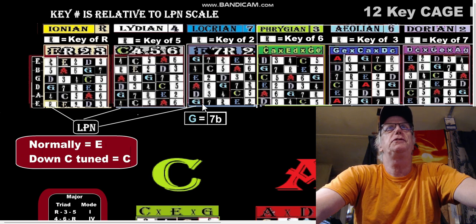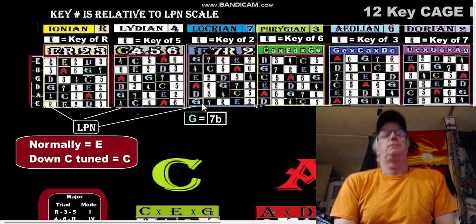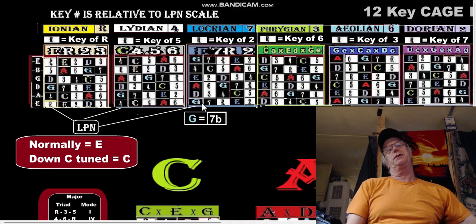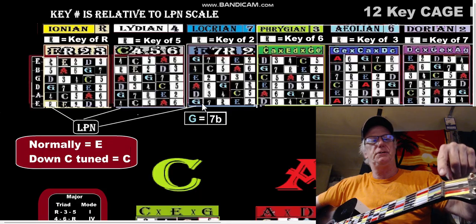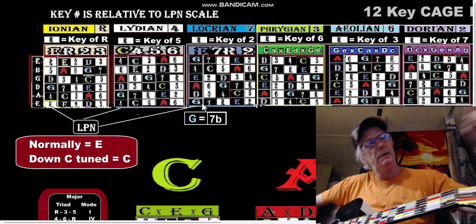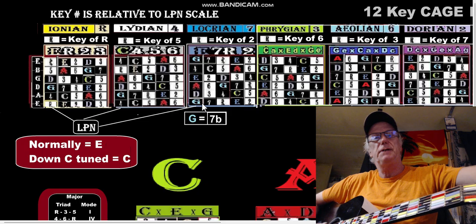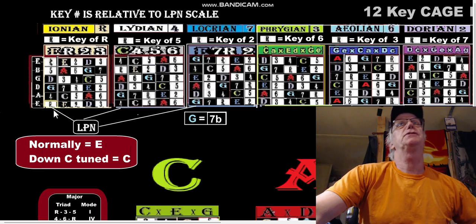the LPN in this box is G, but really is it? No, that is not the LPN. The LPN is the same for each box because we're dealing with a guitar. So if your LPN is C, okay, the LPN is C in each of these boxes.